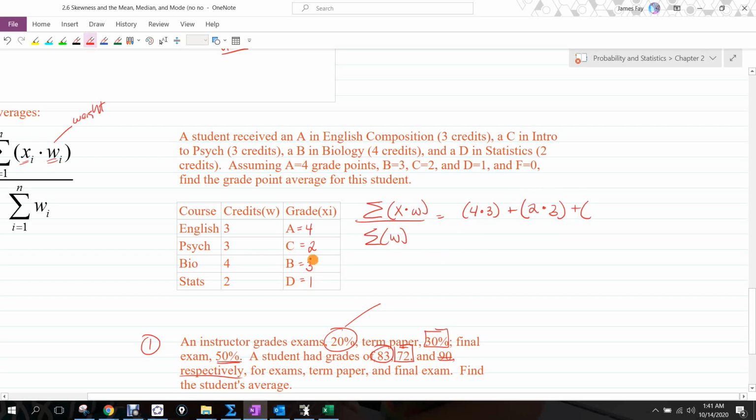The same thing for my B: a data value of 3 multiplied by a weight of 4. And then the D is 1 times the weight of 2. Then I divide by the sum of my weights, which is how many credit hours I'm enrolled in: 3, 3, 4, 2, so 12.